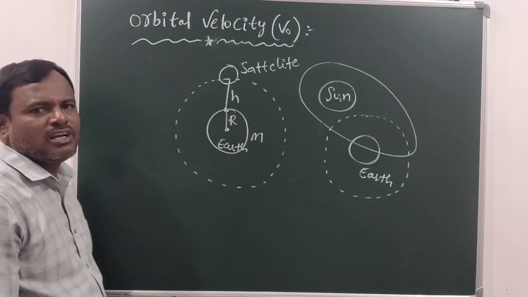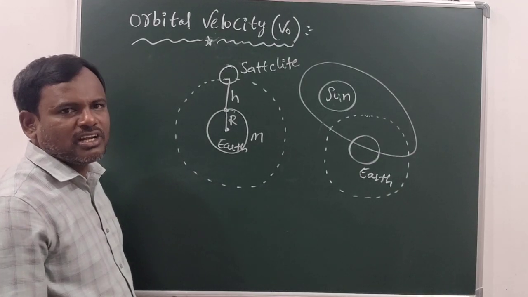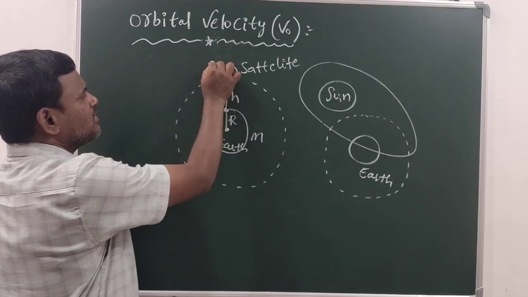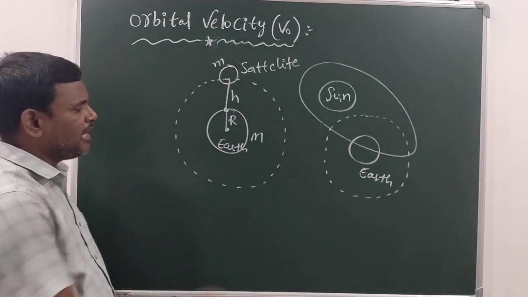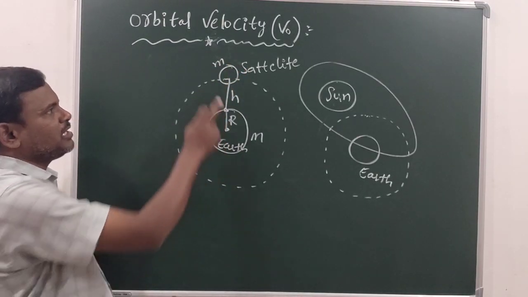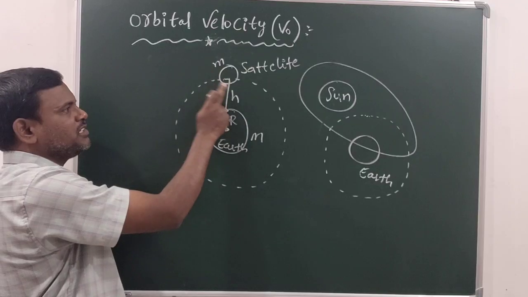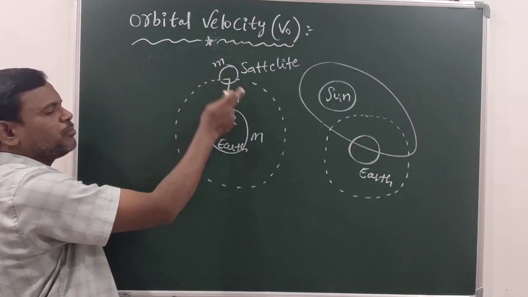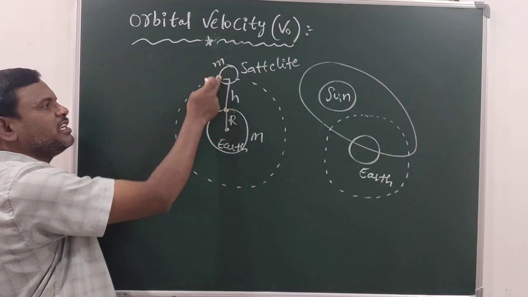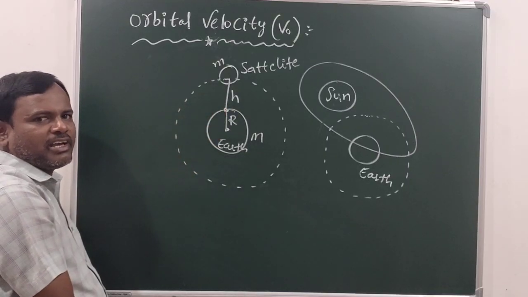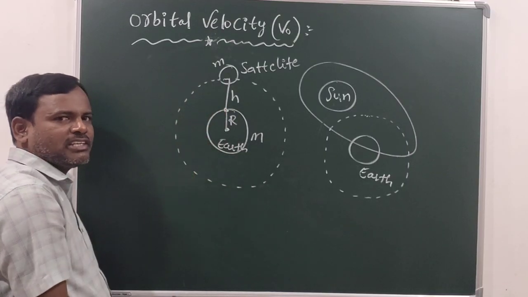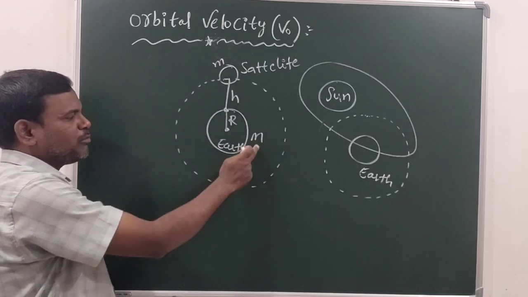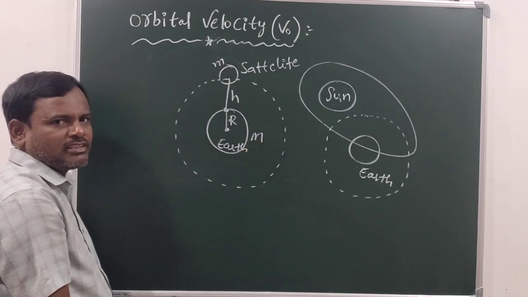You know students, apply the universal law of gravitation between this satellite and the Earth. Here small m is the mass of the satellite, and which is revolving around the circular path, which is at a distance h units away from the Earth, and capital R is the radius of the Earth, and capital M is the mass of the Earth.